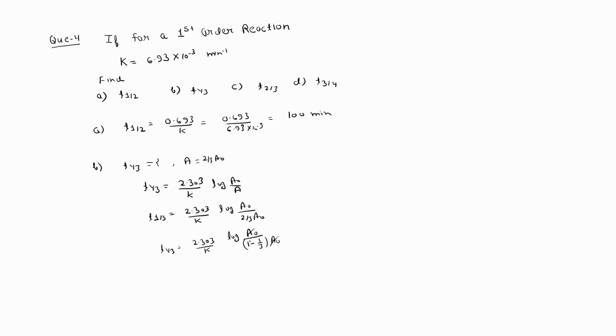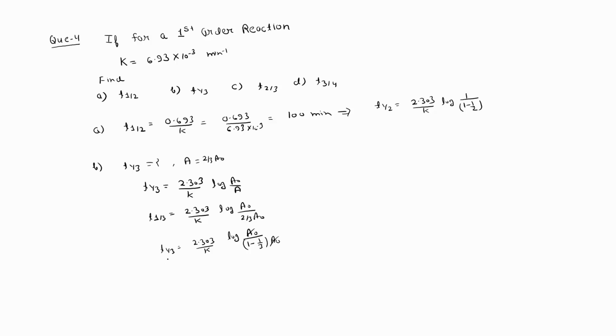So A naught and A naught cancel out. And for T half, we can write like this also. T half is equal to 2.303 divided by K log 1 upon 1 minus 1 by 2.